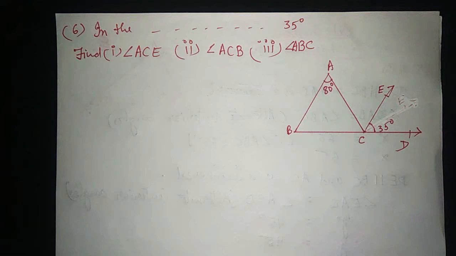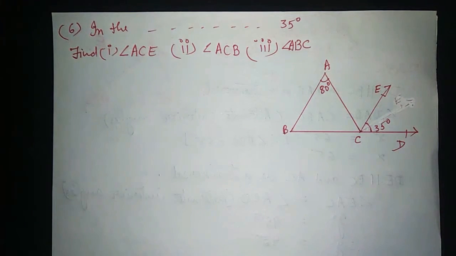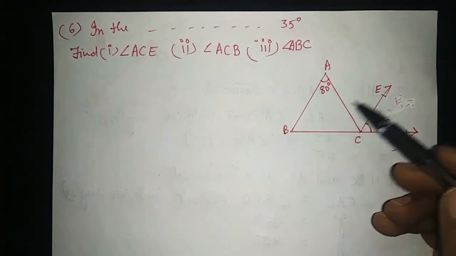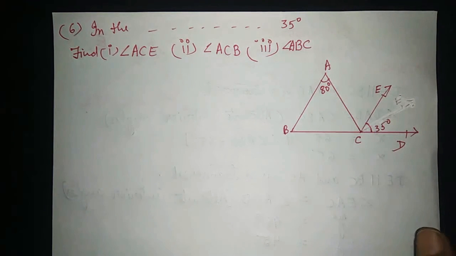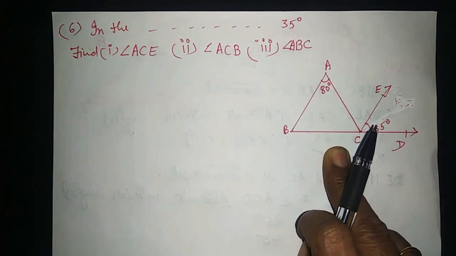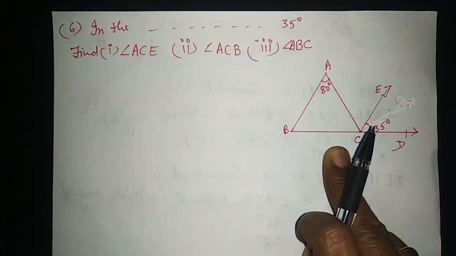Here students, you see the first part, angle ACE. Here in this part, to find ACE, we will see parallel lines. Here AB is parallel to CE. Okay, see the question. AB is parallel to CE.